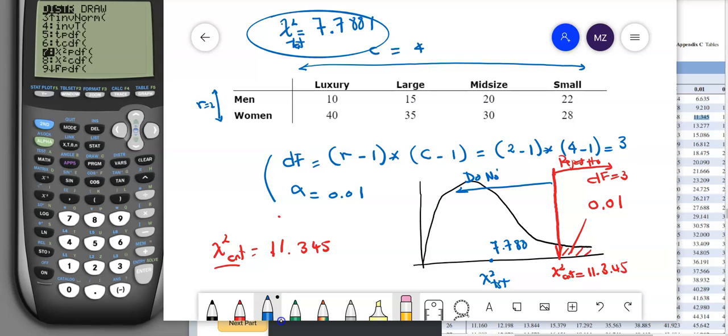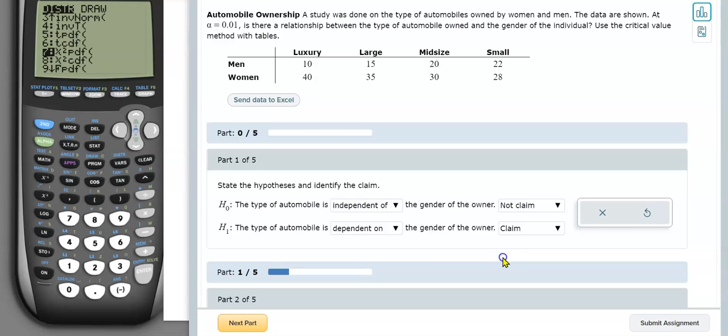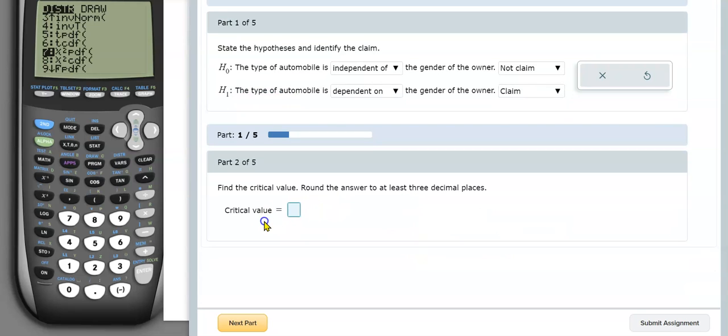Do not reject H0. And that basically explains what you are doing. So let's follow up with the questions here. If I'm looking for the critical value, we said it is 11.345. Double check.